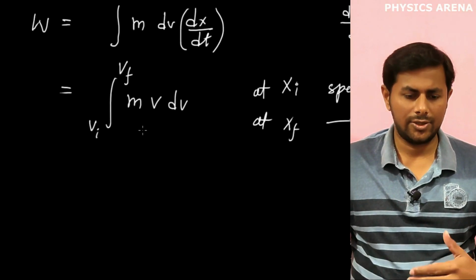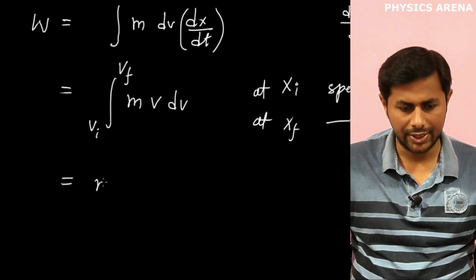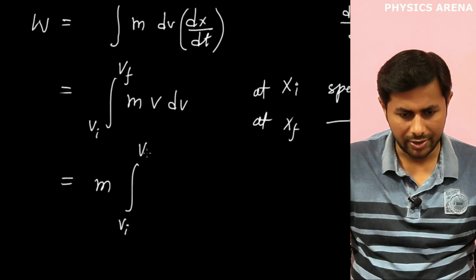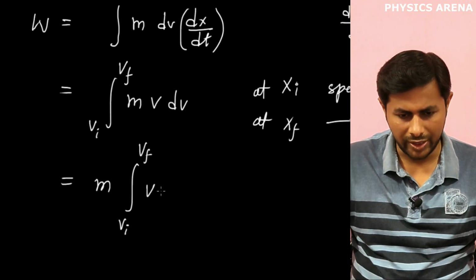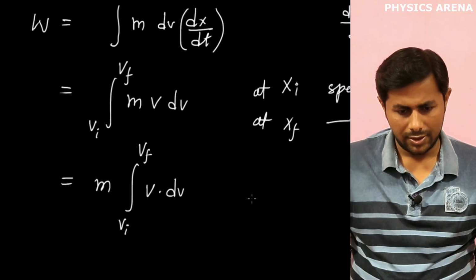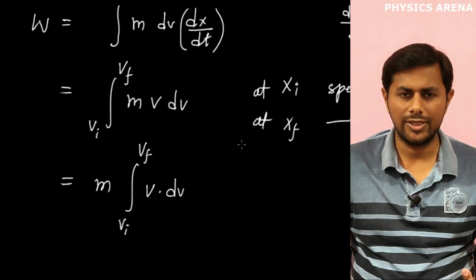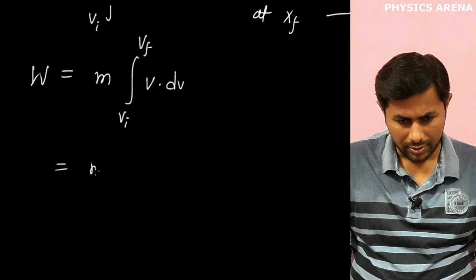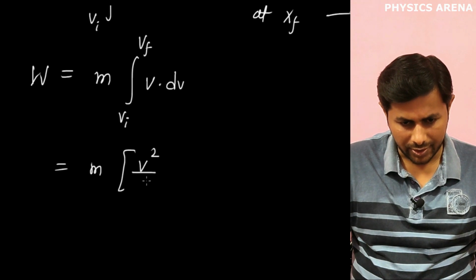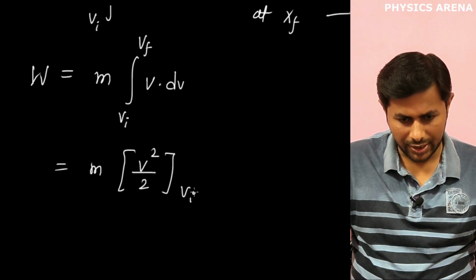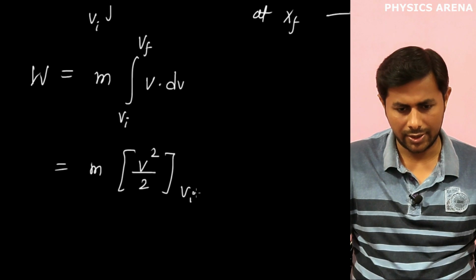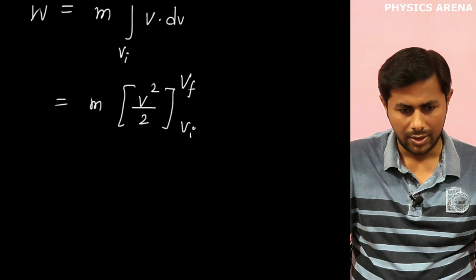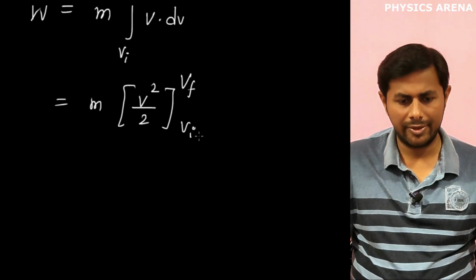Now m is constant, so we can take it outside of the integration, and it is very simple integration to do. So integration from vi to vf of v dot dv. So integration of v dot dv is just v squared over 2, and initial limit or the lower limit is vi and the upper limit is v suffix f. Then let's substitute the upper limit and the lower limit.